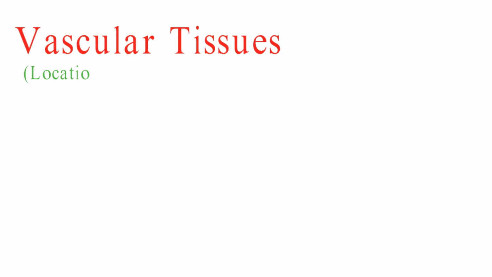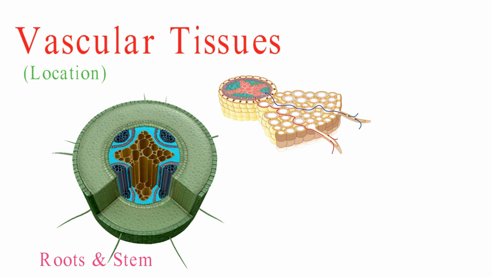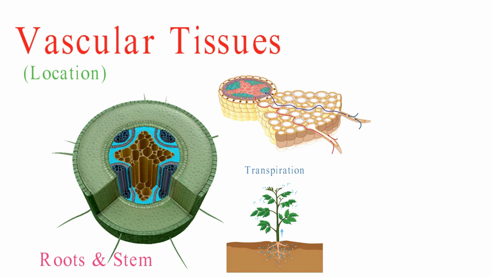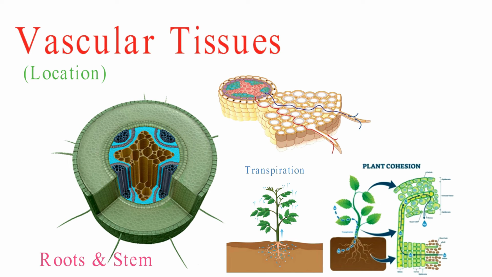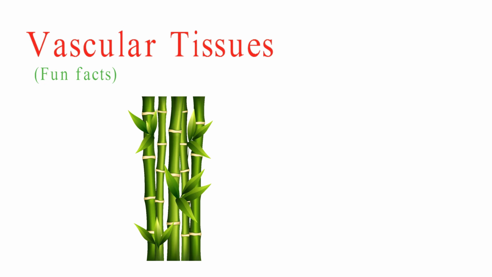Xylem is typically located at the center of the stem and roots. Water and minerals are transported through xylem vessels due to transpiration and cohesion tension mechanisms. In some plants, like bamboo, the vascular bundles are particularly large and efficient.